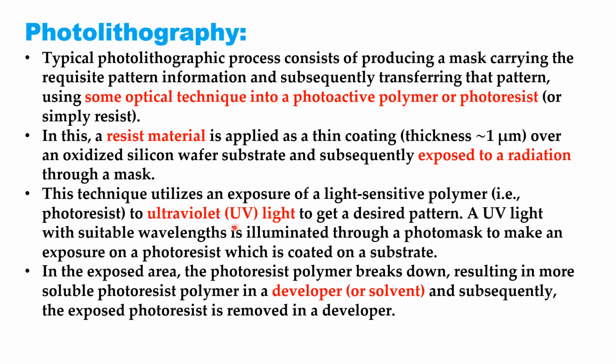UV light is used to get the desired pattern, and in the exposed area the photoresist breaks down, and then we use the developer or solvent to remove the photoresist, and finally we get the desired structure on the substrate by using the mask.